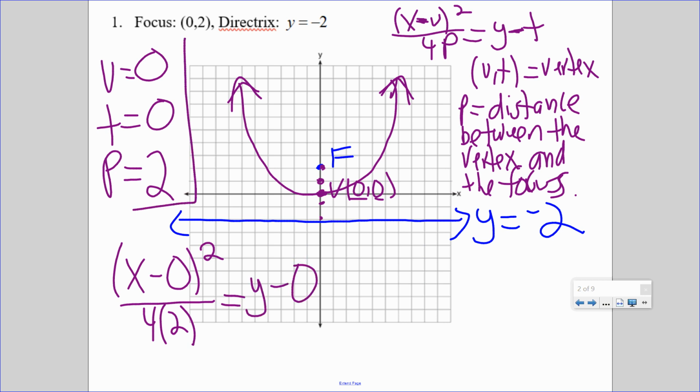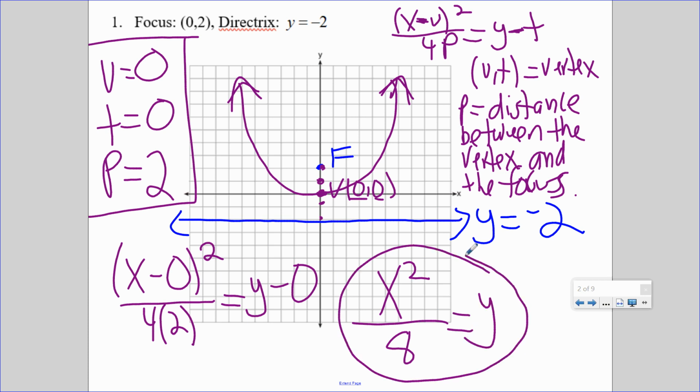I just substituted my values in. Now, x - 0 is just x, and y - 0 is just y. So I'm just going to make it x squared. On the bottom left, 4 times 2 is 8. And y - 0 is just y.